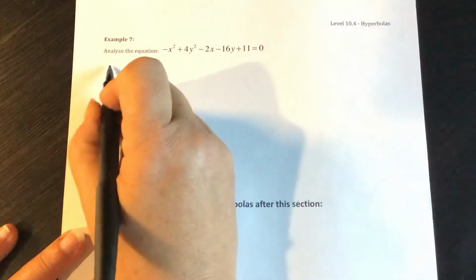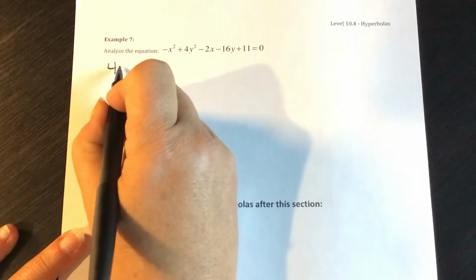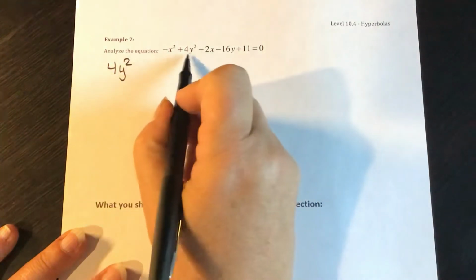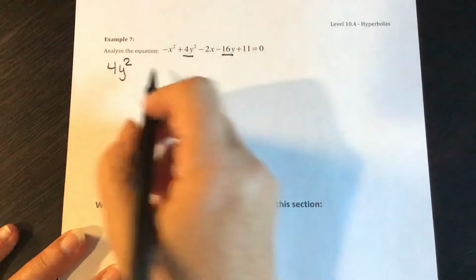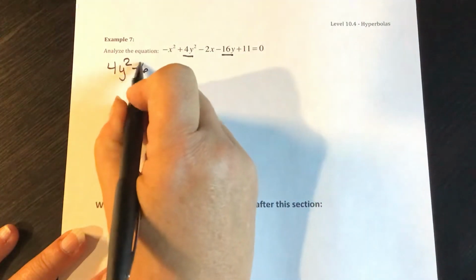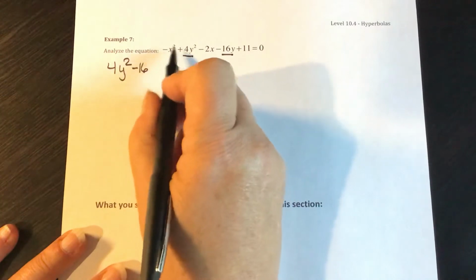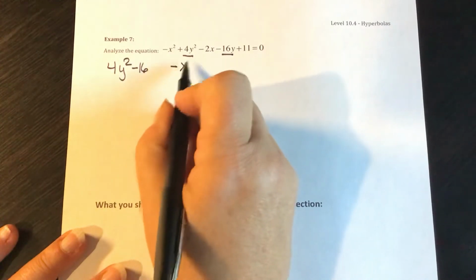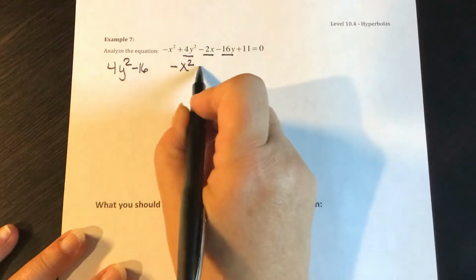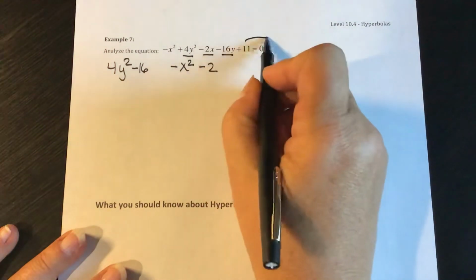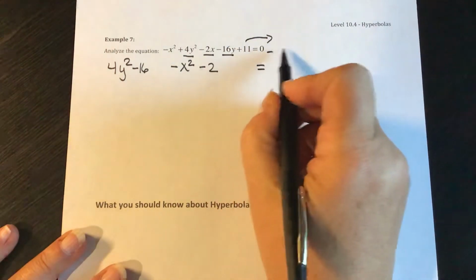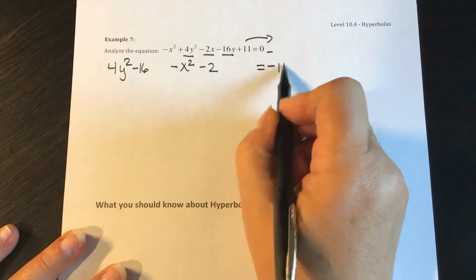So I'm going to use the y's first. So I'm going to have 4y squared, and I'm going to put the other y term with this, minus 16. My x squared terms, I'll have a minus x squared and a minus 2x. And I'm going to send the 11 to the other side, and that would be minus 11.